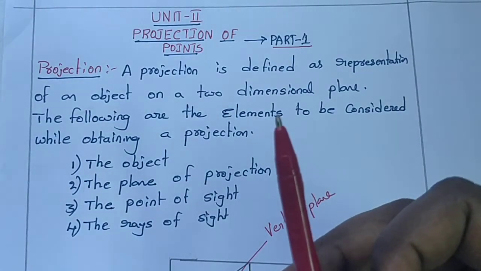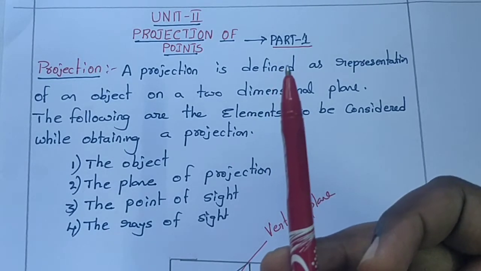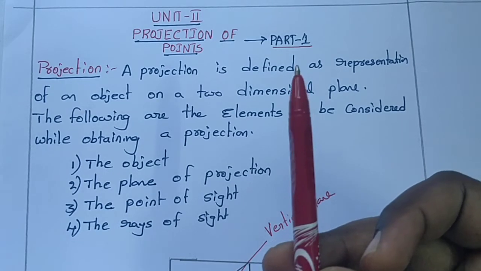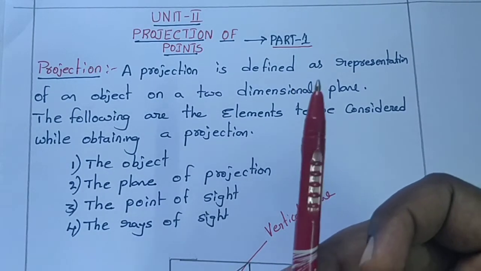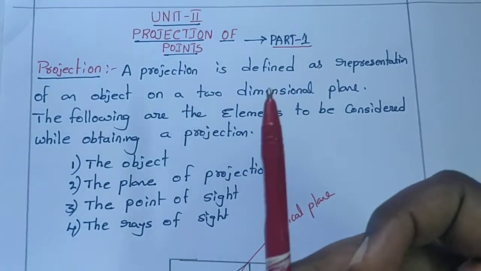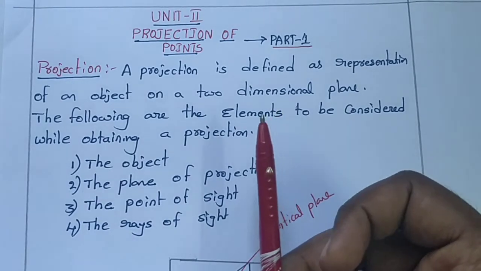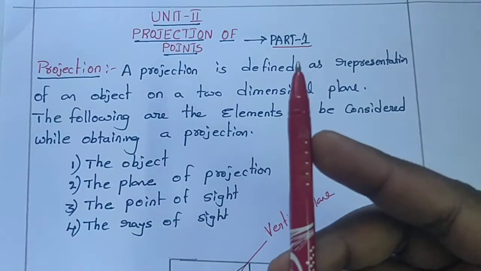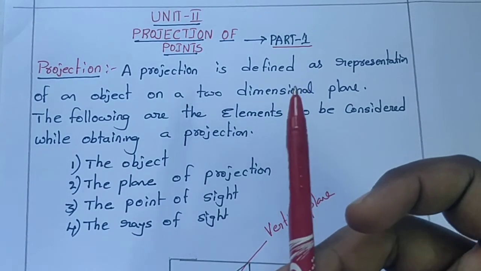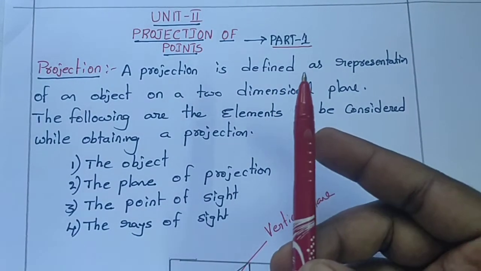That image is the actual shape. Suppose I am placing this object in front of a camera. The camera is considered the observer, the paper is considered the plane, and this is the object. The image that falls on the plane is nothing but the projection.